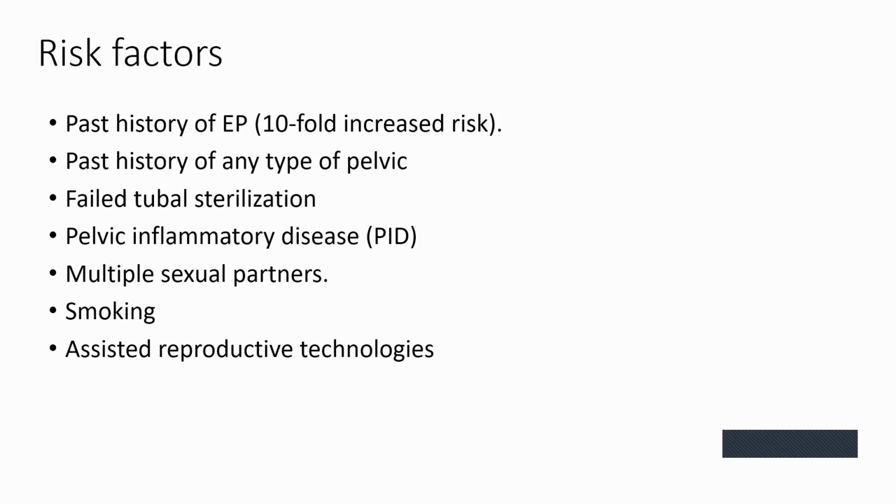Other risk factors are any history of past pelvic surgeries, a failed tubal sterilization procedure, pelvic inflammatory disease, sexual promiscuity, and smoking. If the pregnancy is achieved using assisted reproductive technology such as IUI or IVF, the risk of ectopic pregnancy goes up.